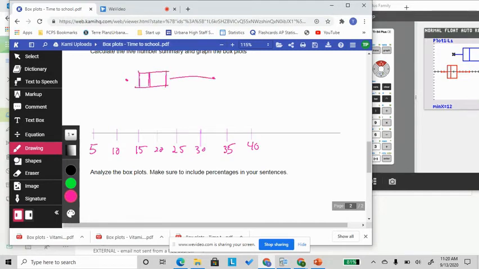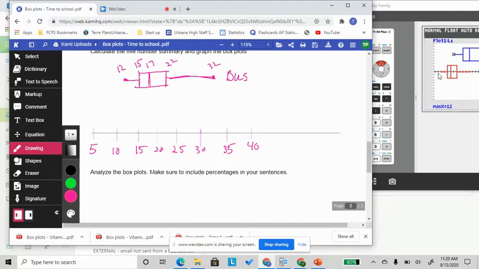Okay, so there is my bus times, how long it took people by the bus. And then I always want to label my 5-number summary too. So 12, 15, 17, 22, and 32.